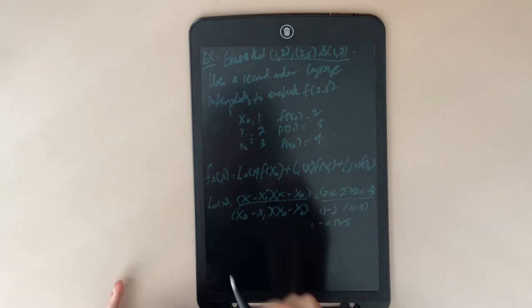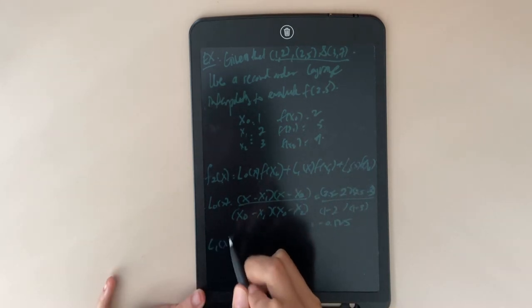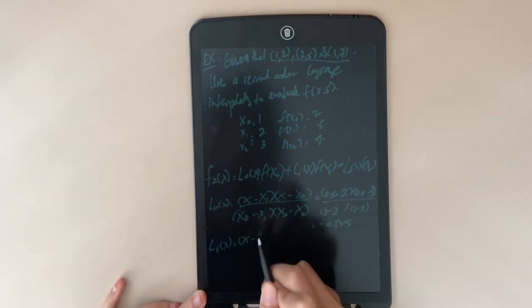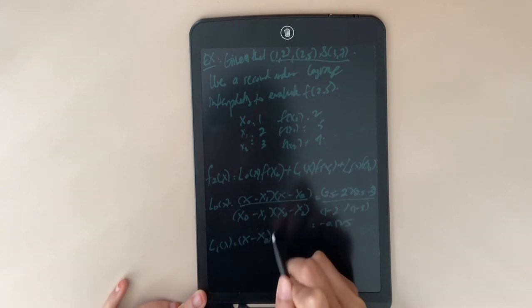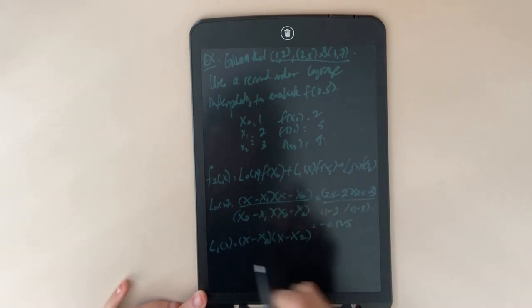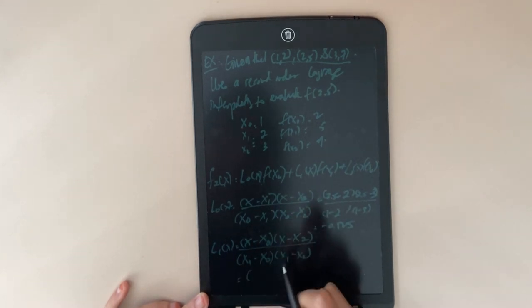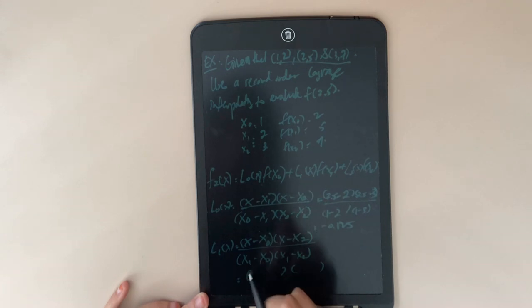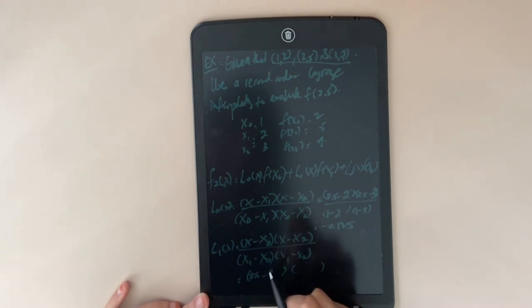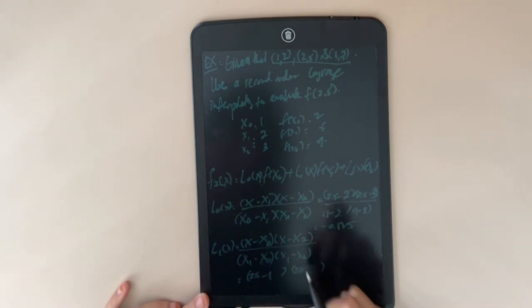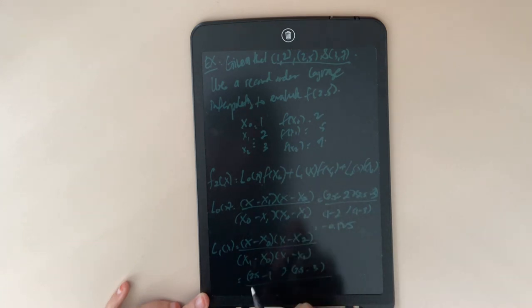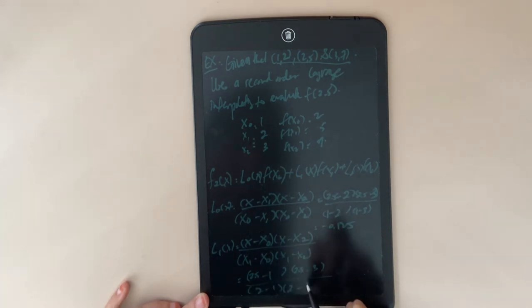Okay, so now find out your L1. So x minus x0, x minus x2, over x1 minus x0, x1 minus x2. So therefore you should have x is 2.5, x0 here is 1, x1 is 2, x2 is 3. So x1 is 2 minus 1, 2 minus 3.